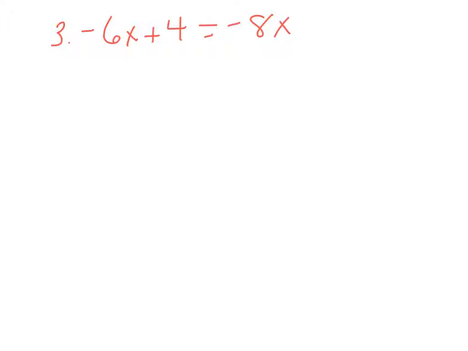So number 3 is negative 6x plus 4 equals negative 8x. Now this is one of those that seems maybe to be contrary to what I said earlier. So on this one, we're going to do negative 8x plus 8x.